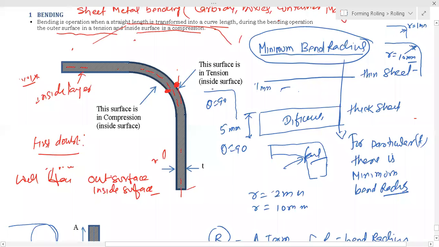This outer layer is in tension and compression, and the neutral layer has no stress.